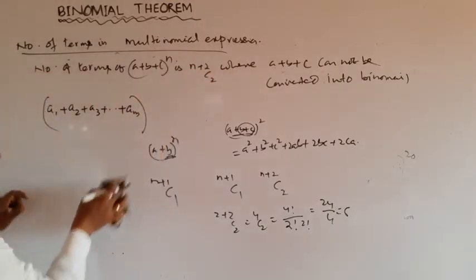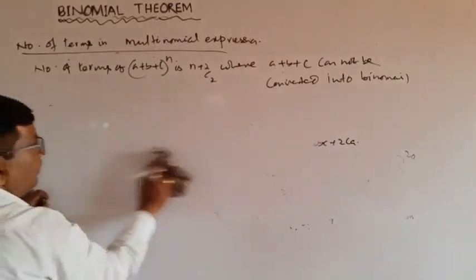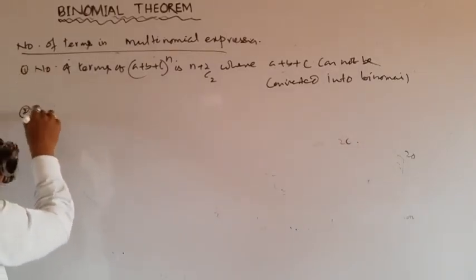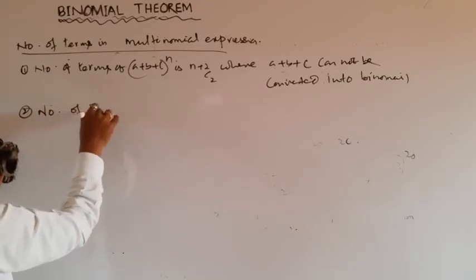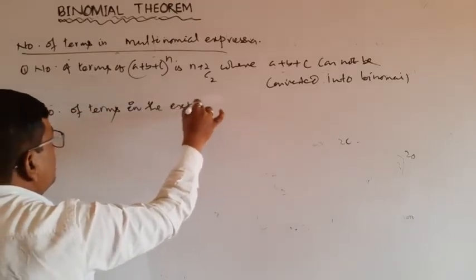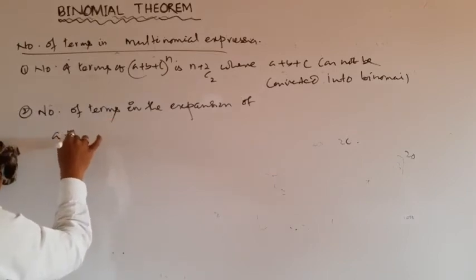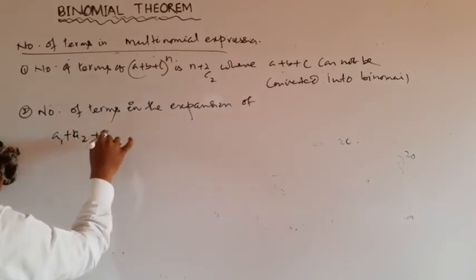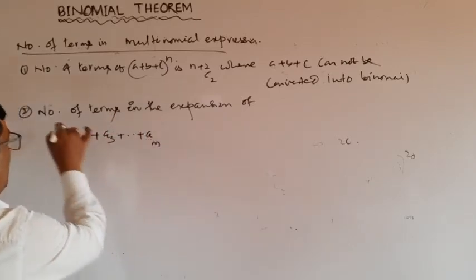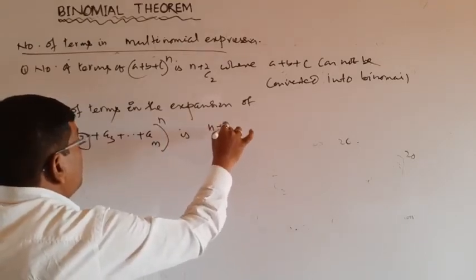Now, the number of terms in the expansion of a1 plus a2 plus a3 up to am whole to the power n is n plus m cm.